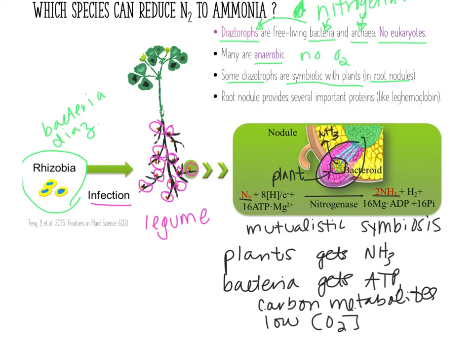And the ATP part is particularly important. Because if you'll notice in here, in order to get one N2 reduced to 2 NH3s, it's going to cost us 16 ATPs every single time. So that's a lot of ATP that needs to go into this reaction.